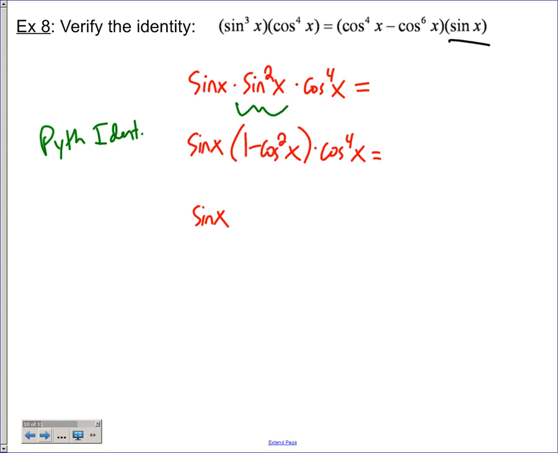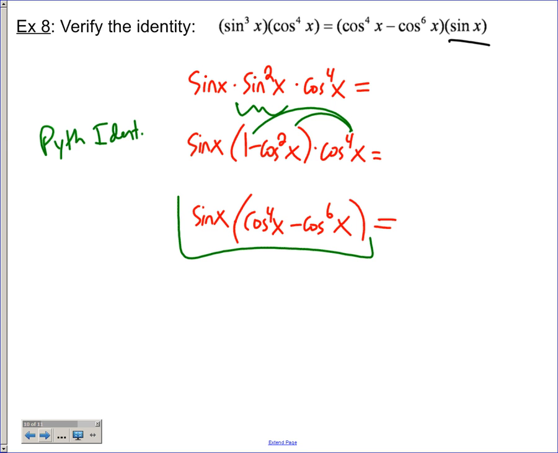We've got sine of x. If I distribute my cosine to the 4th of x back into the parentheses, I would get cosine to the 4th of x minus cosine to the 6th of x. And that whole quantity is multiplied by sine of x, which you can see is equal to the right-hand side of my equation.